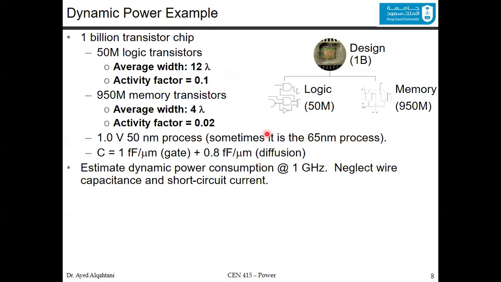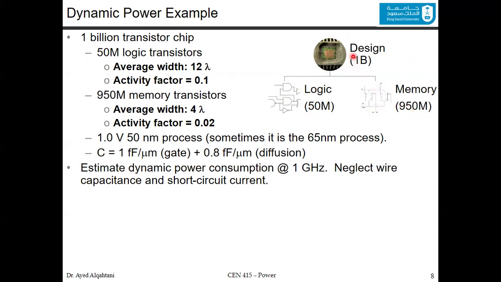Now, let's have an example. At this point, the dynamic power consumption is the same as the switching power consumption because we ignored the short circuit power. In this example, we have a design with 1 billion transistors, composed of certain logic with 50 million transistors, and the remaining 950 million is for memory.